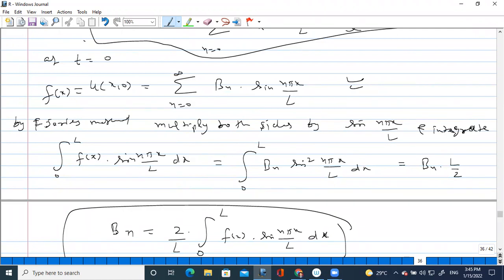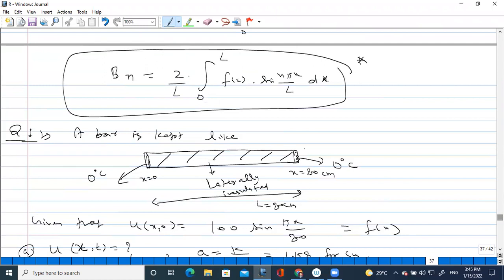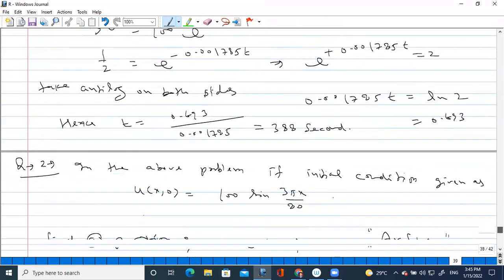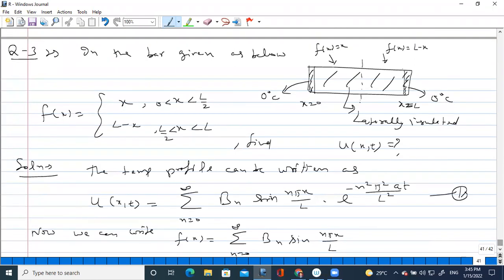By the Fourier series method, we multiply by sine and integrate. So finally we have got this much if f(x) is given, so I will use this formula directly: b_n will be 2 by L, integral 0 to L, f(x) sin(n pi x by L) dx. First you note down this page.